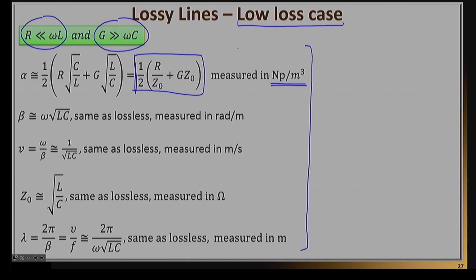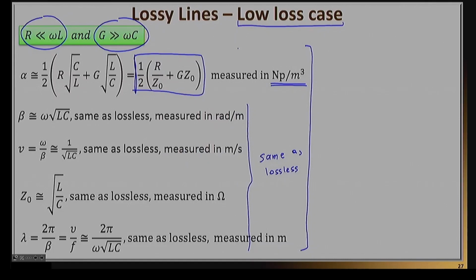What you will also see here is that all the other constants, beta, v, Z0, and lambda, are equal to the case of the lossless transmission line. So you basically have the same as lossless approximations for everything else except for alpha.